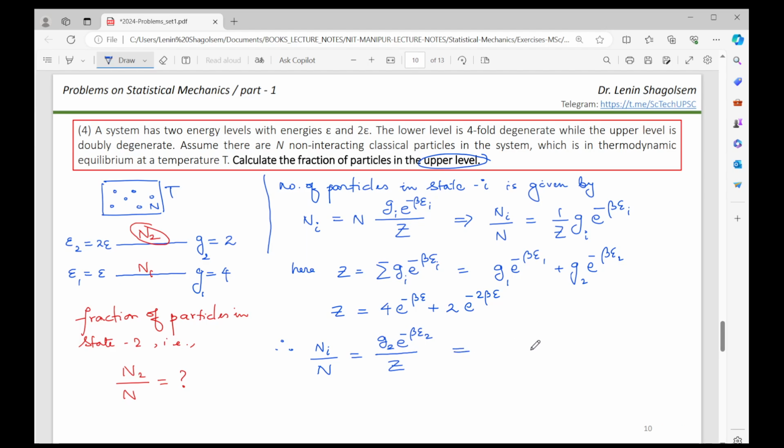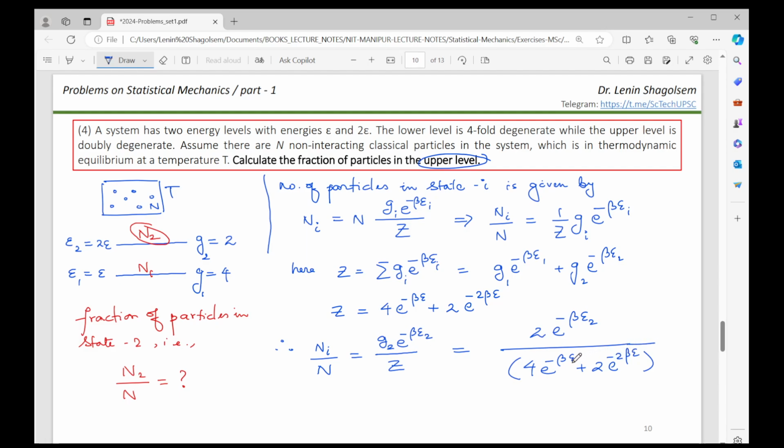So that leaves us g2 is 2, e to the minus beta e2, divided by 4 times, okay.